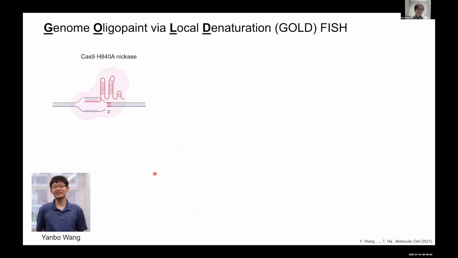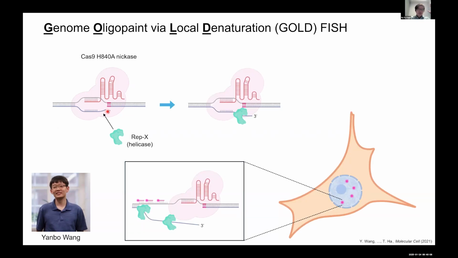So this is where a previous graduate student, Yangbo from the Ha lab, now a postdoc at Stanford, came in. He had this idea: if we can use a Cas9 variant, a mutant Cas9 that only cuts one strand of DNA, and incubate it with our fixed cells, it targets our specific genomic region.